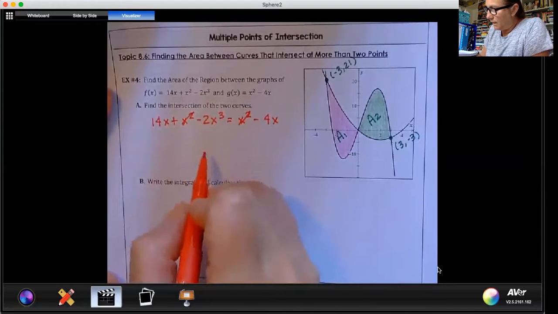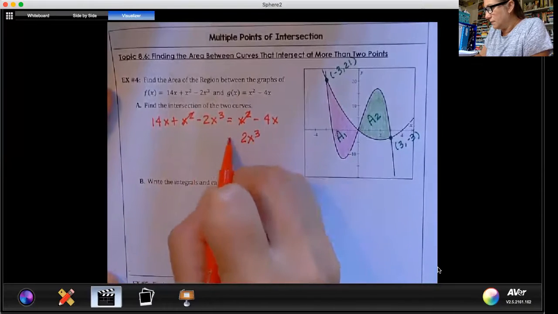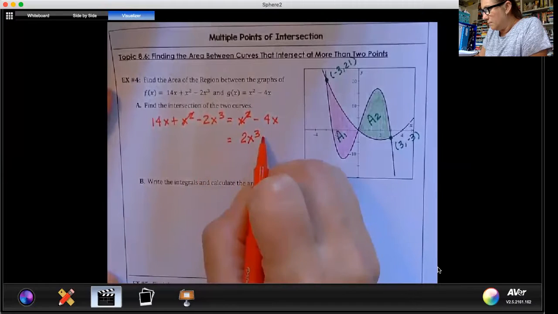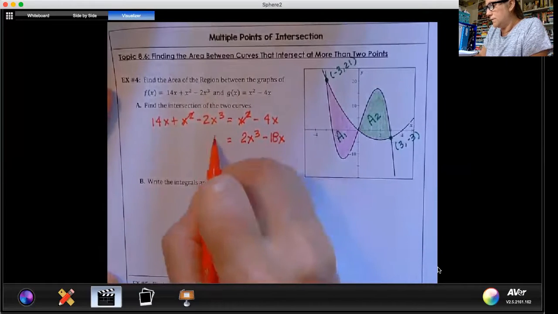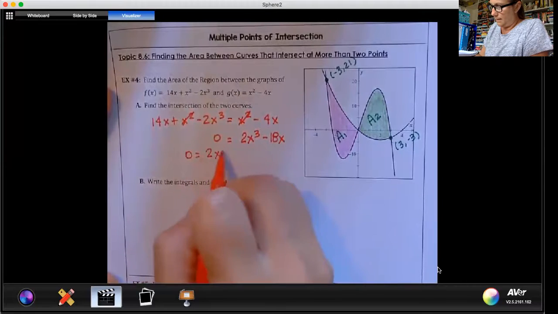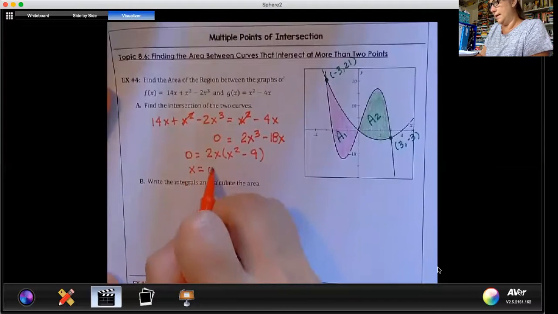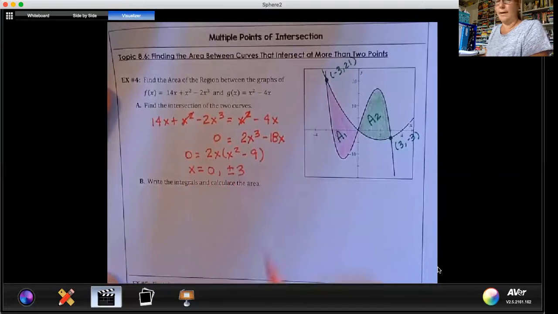And we have, let's do 2x cubed minus 18x equals 0. Take out the 2x and you get x squared minus 9. So you have intersections when x is 0 and plus or minus 3.